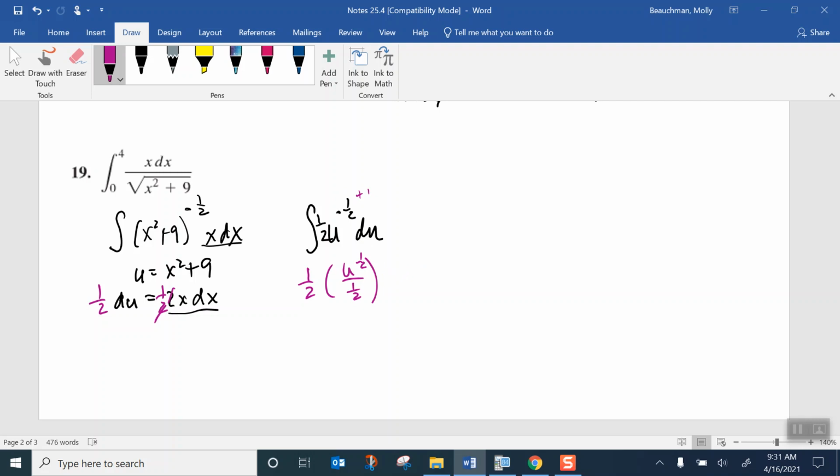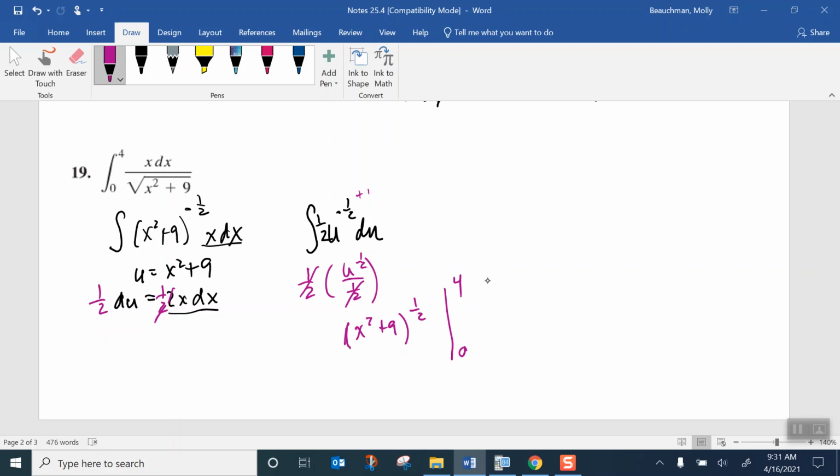We don't need the arbitrary constant because we're going to substitute values in. The halves cancel. We get u to the power of a half, and substitute back in what you let u equal, x squared plus 9 to the power of a half. Now we're going to evaluate that at 4 and 0, and then subtract.